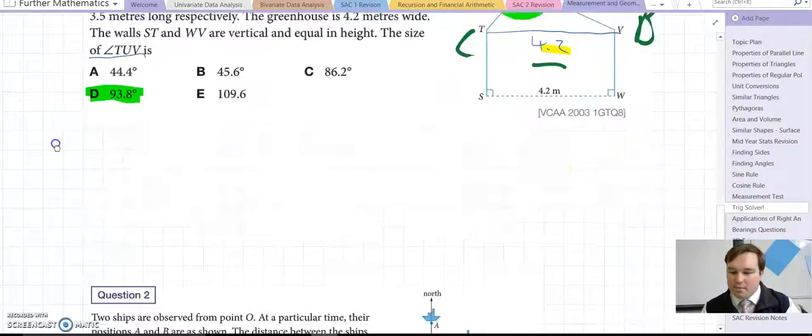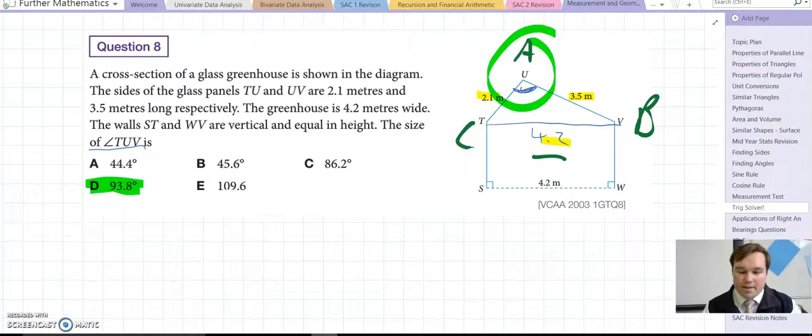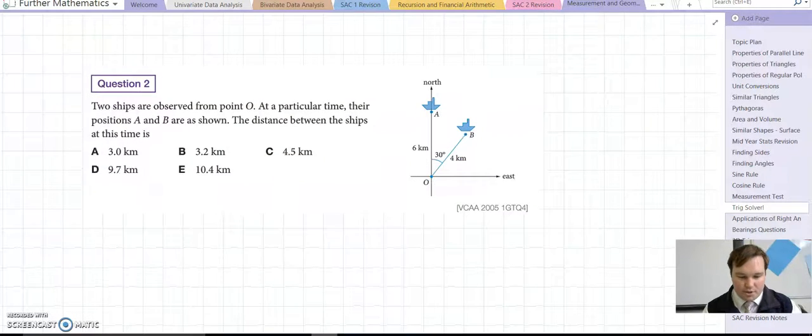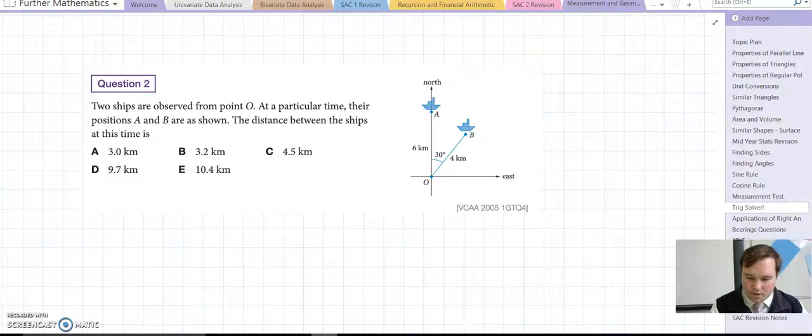Alright, so same process as before, label your sides, enter the calculated data correctly, and then read off the solution you're after. Alright, distance between 2 ships. These 2. Alright, now what they've got here is two sides and an angle.